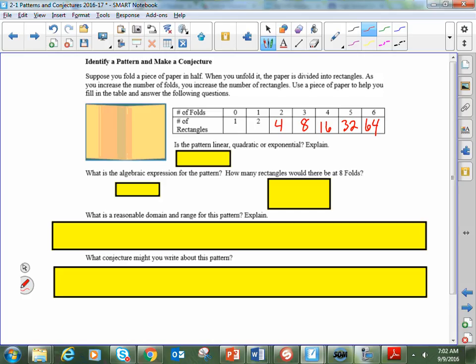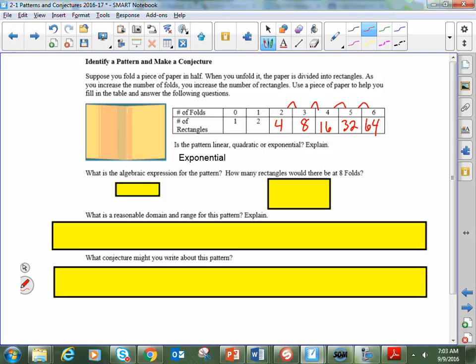So the pattern, is it linear, quadratic, or exponential? So here, this is going to be an exponential expression. It's an exponential function. How do I know that? Well, partly what I'm looking at as a math person is, what are the consecutive differences between my numbers?